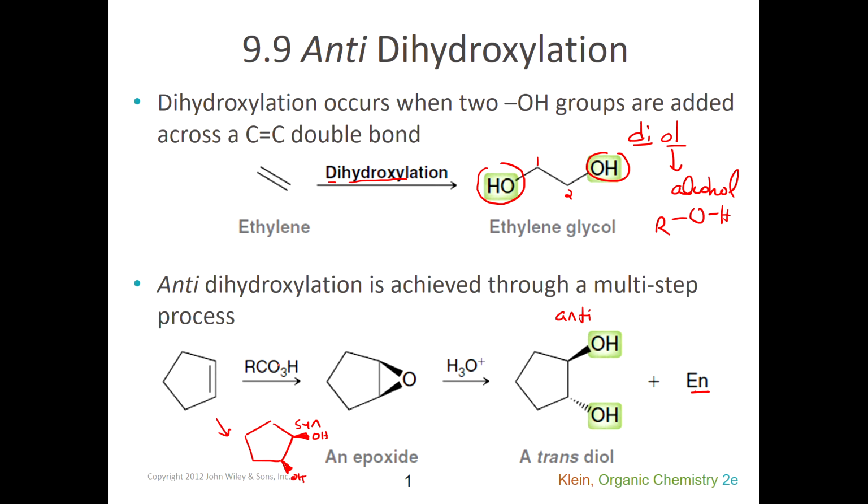One is by first converting the alkene into an epoxide, which we talked briefly about earlier in the semester. And one way to do that is to use this compound here, which is a peroxy acid. So normally we think of an R group bonded to a CO2H as a carboxylic acid.